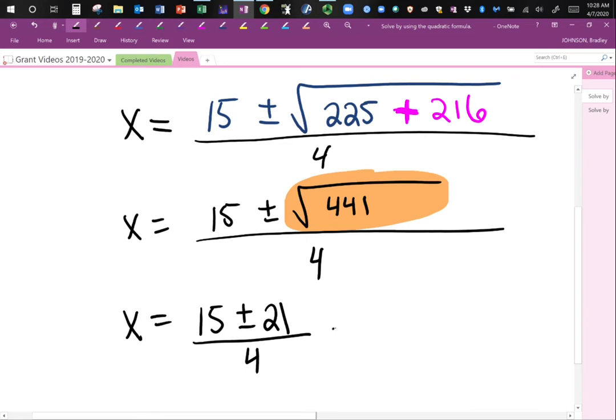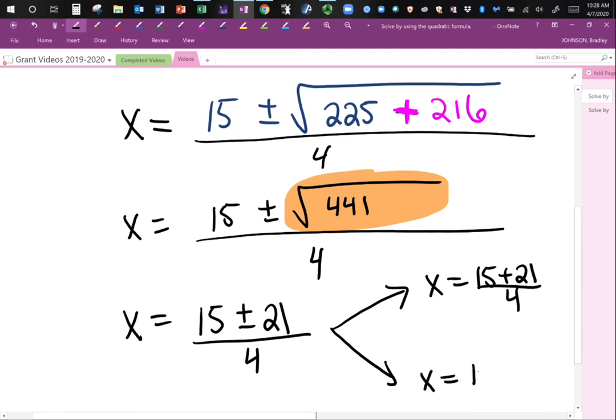Now, what we have here is a plus and a minus. So let's split this up into two cases. We'll have x equals 15 plus 21 over 4, and then we'll have x equals 15 minus 21 over 4. This is just to help us with keeping organized because we have two solutions truly.